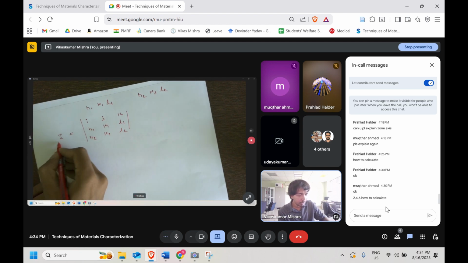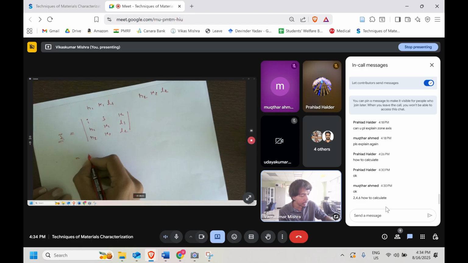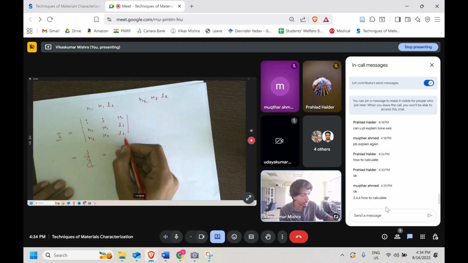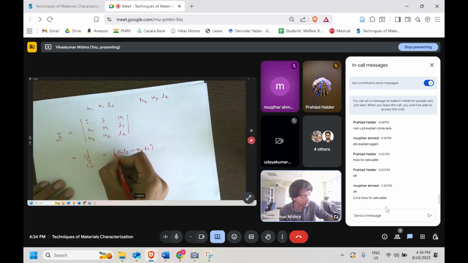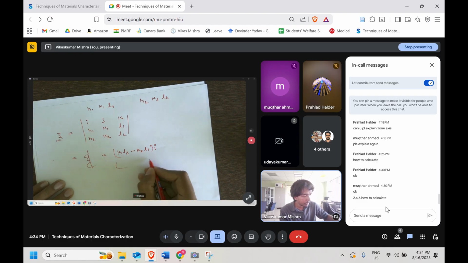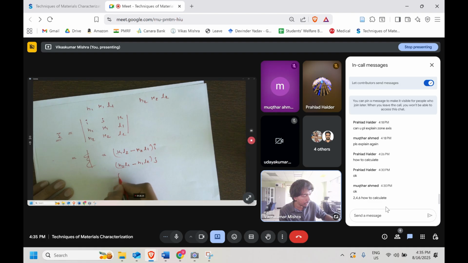Now it gives some z. The i component is k1 into l2 minus k2 into l1. For the j component, h2 multiplied by l1 minus h1 multiplied by l2. And the k component is h1 multiplied by k2 minus h2 multiplied by k1.